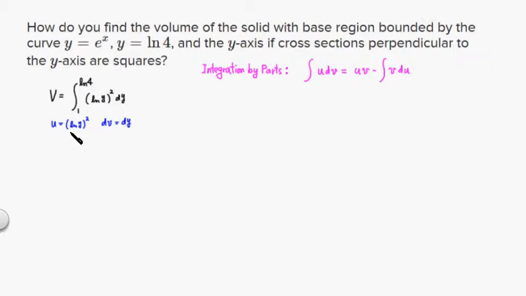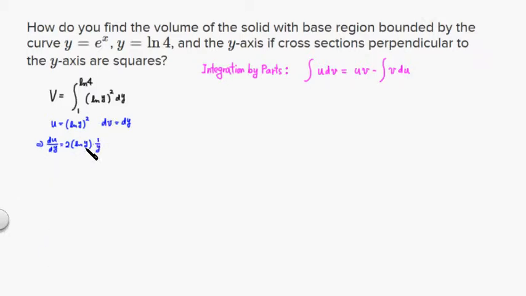Right, by taking a derivative of this, we know that du with respect to y is going to be, right, chain rule, put 2 in front, natural log of y, then multiply by the derivative inside, the derivative of natural log of y, which is 1 over y.